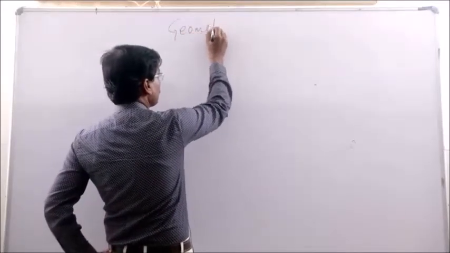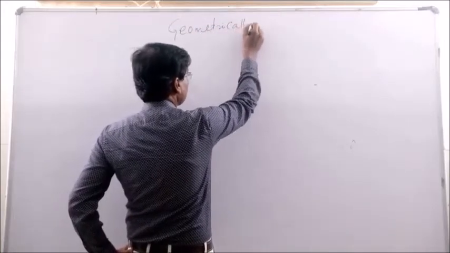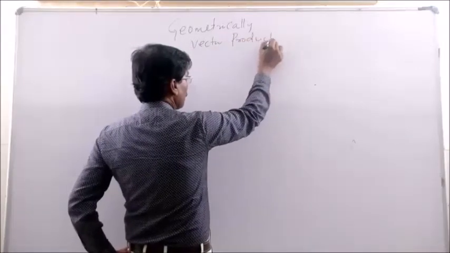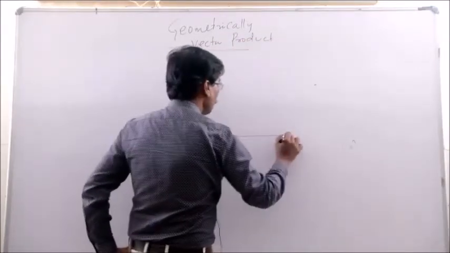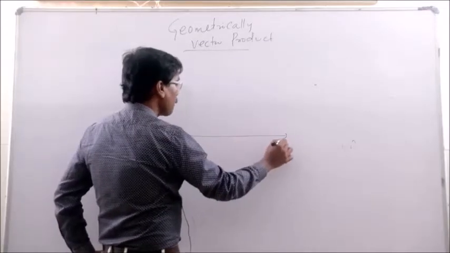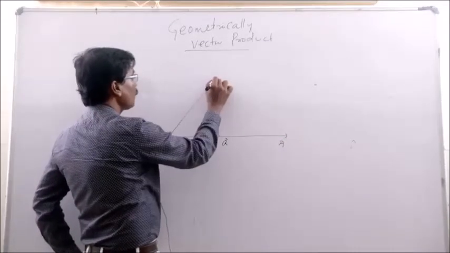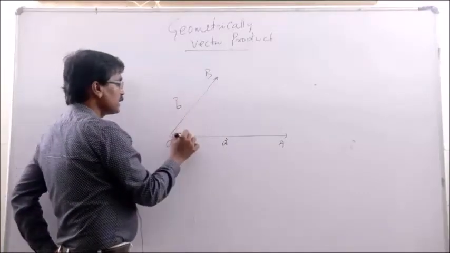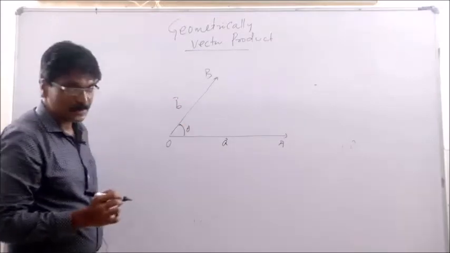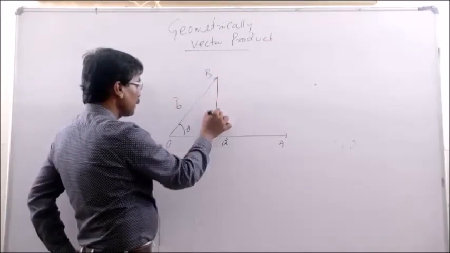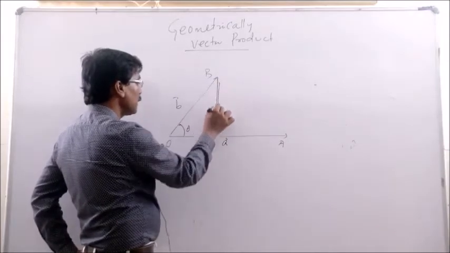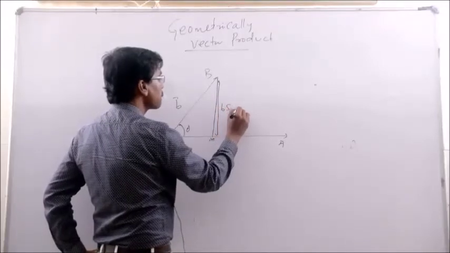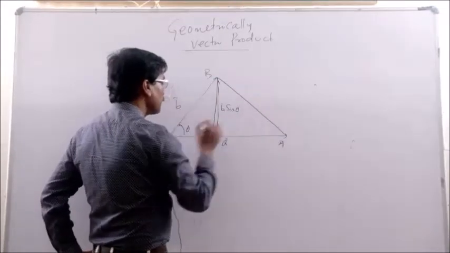Geometrically, the vector product: if we have two vectors, OA, that is A vector, and OB, that is B vector, and theta is the angle between them, now if we draw a perpendicular BM, so BM is equal to B sin theta.